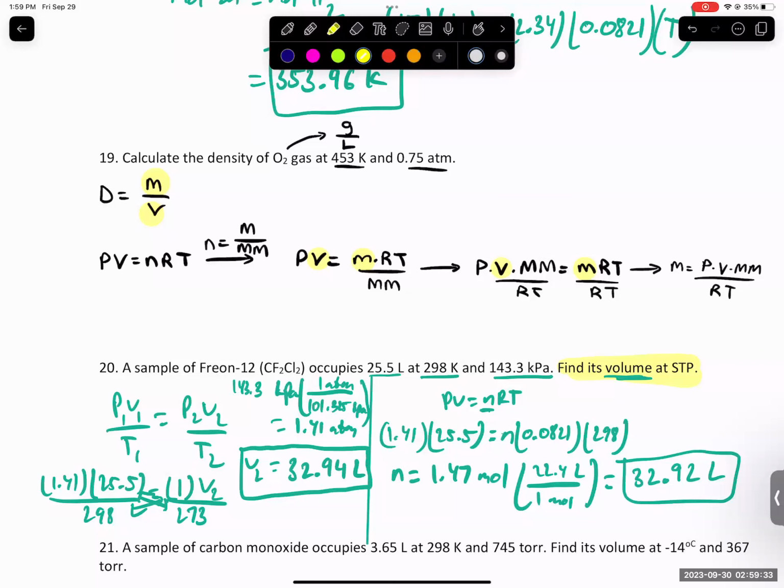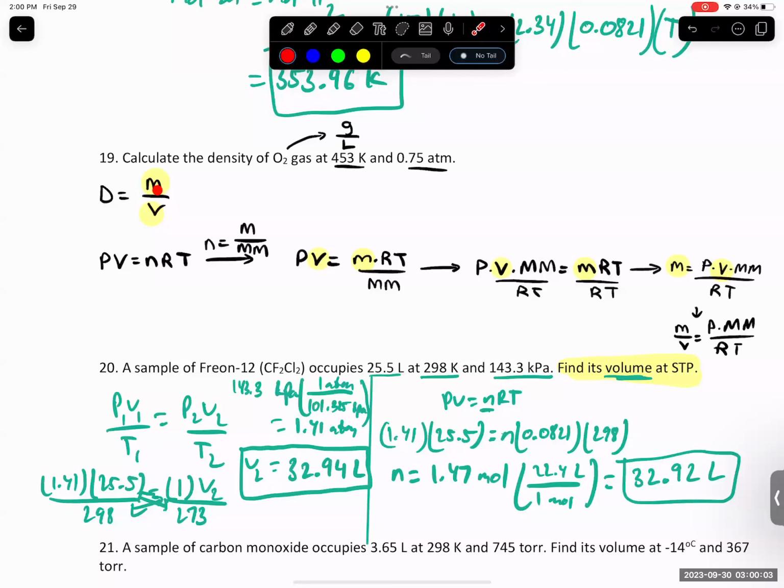So now look at where our units are. We just need to get V to the other side, and we do that by dividing by volume. So we get M over V equals pressure times the molar mass of the gas over RT. So this is how you derive the equation. We said density is equal to mass divided by volume.